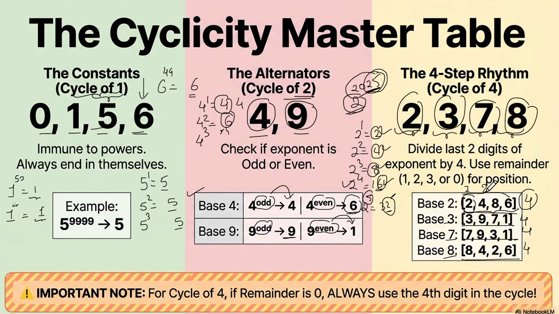If your remainder is 2, the answer is 4. If the remainder is 3, the answer is 8. And if your remainder is 0, you never get a remainder of 4, the answer is the last digit, here 6. So this is the important note: whenever your remainder is 0, always choose the 4th digit in the cycle.